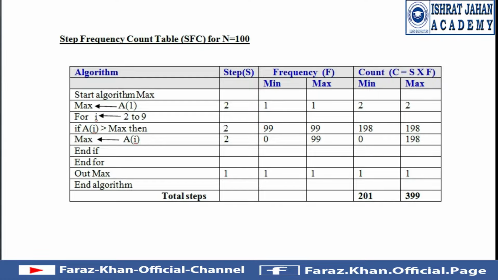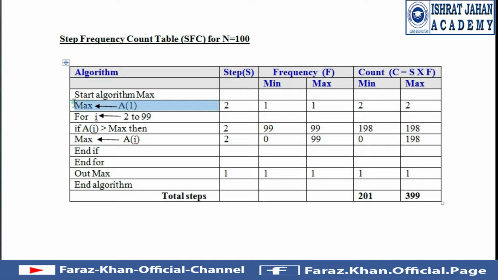Here is the same problem for n equal to 100. In this, I have used the same variable. The loop will run from 2 to 99. To identifier number one, I will take it as a single identifier.